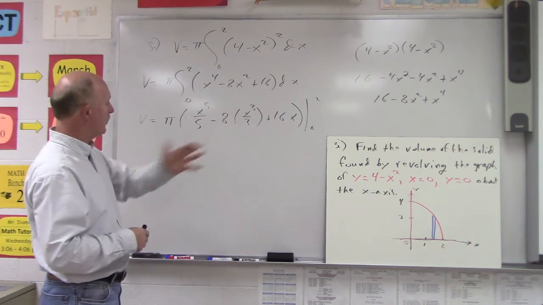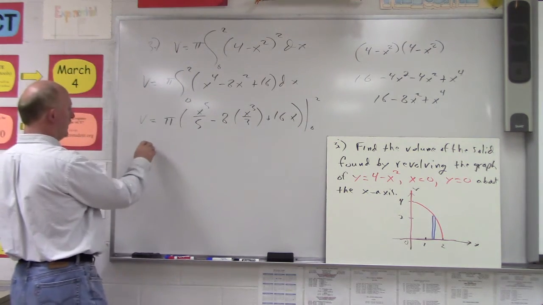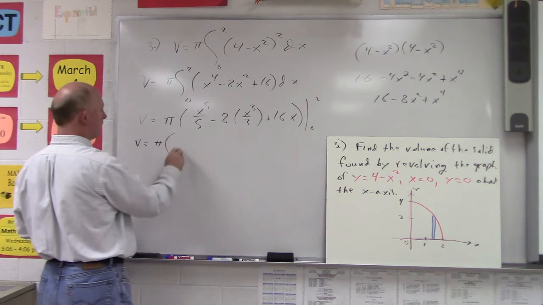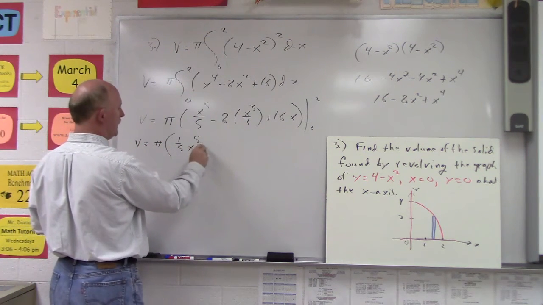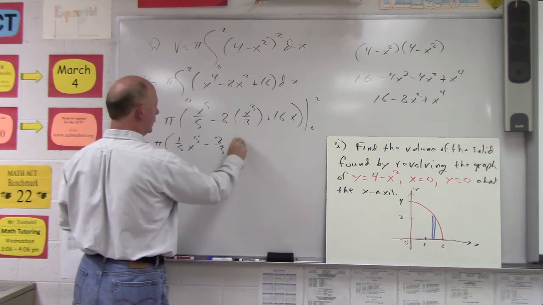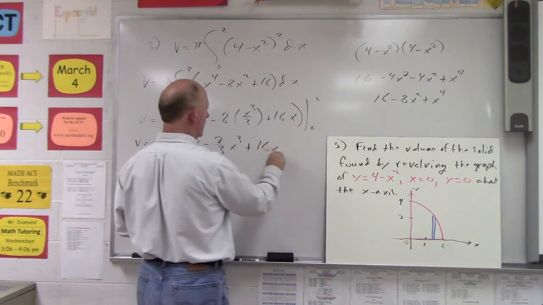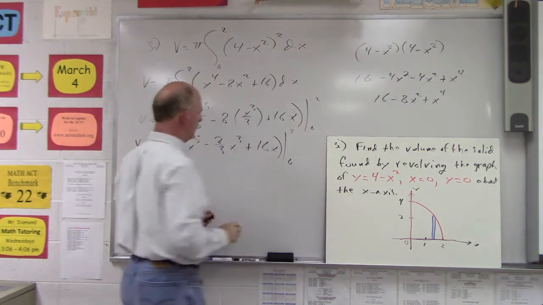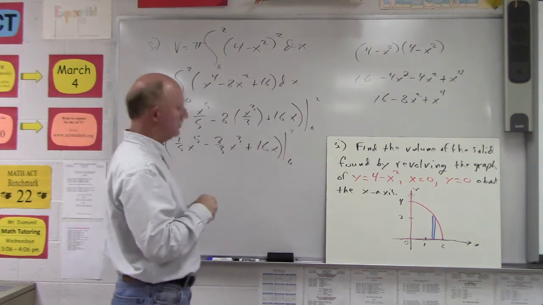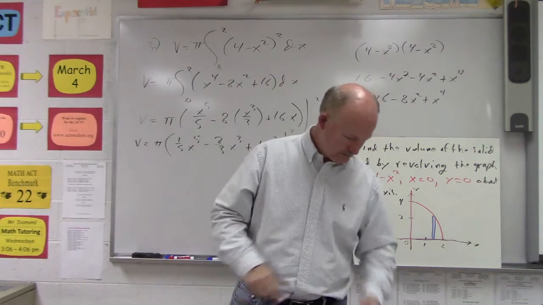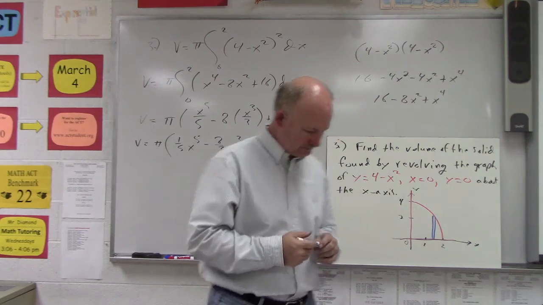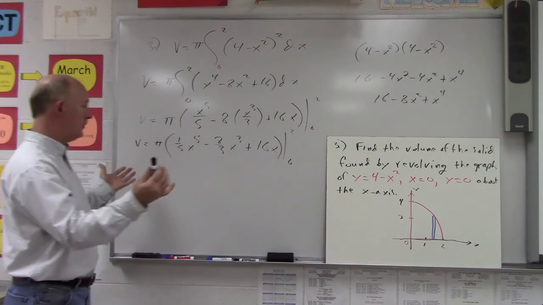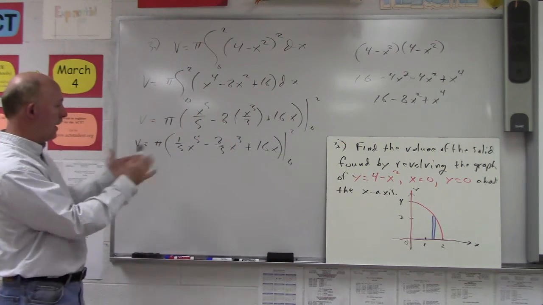So let's see what we get now. We've got our antiderivative. Simplifying this a little bit gives us V equals pi times 1/5 x to the fifth minus 8/3 x cubed plus 16x from 0 to 2. Now we're ready to evaluate our upper bound minus our lower bound.